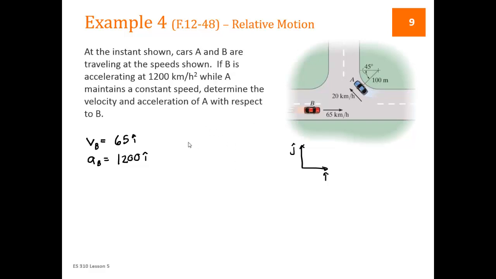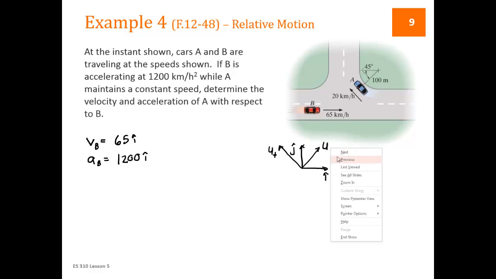We would have the tangential along the direction of A, so I'm going to draw that way. And the normal would be perpendicular to that, pointing in towards the radius of curvature, along the radius of curvature. So that would be un.